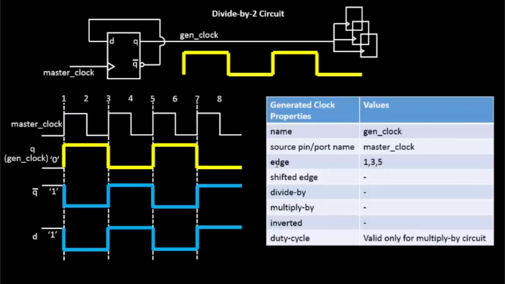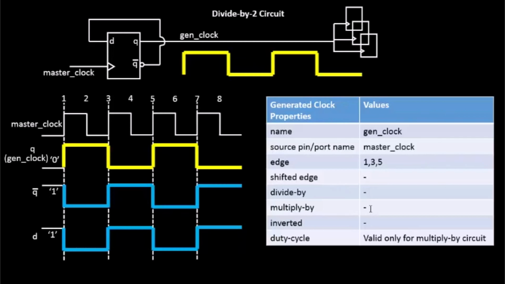What does this represent? It says that the generated clock rising edge arrives at the first edge of the master clock, the generated clock falling edge arrives at the third edge of the master clock, and the generated clock's next rising edge arrives at the fifth edge of the master clock.